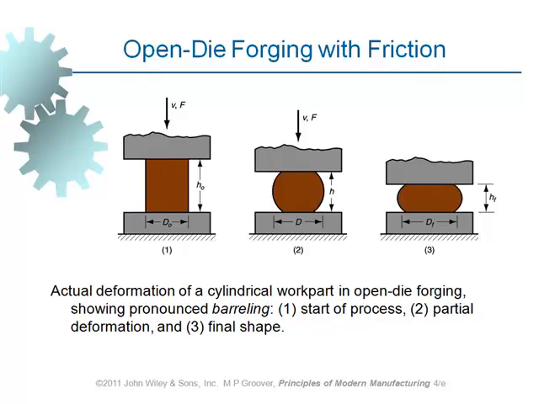There is frictional force between the surfaces of the workpiece and also the die. As a consequence of the frictional force, there is less flow of the material up here compared to the section of the material which is in the middle.